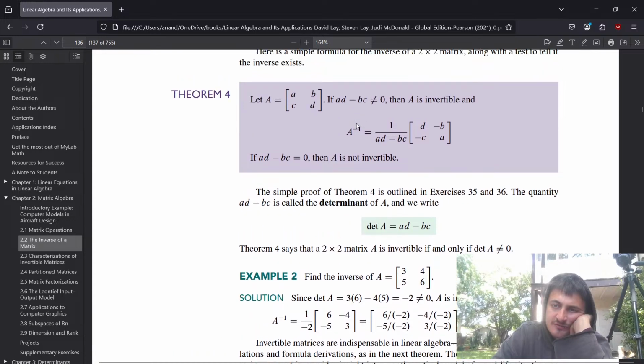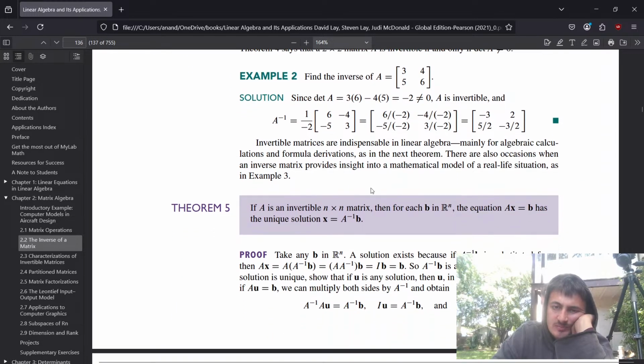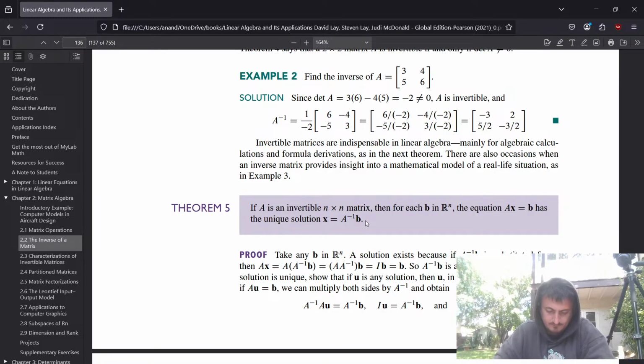Okay, the definition of determinant and the formula for the inverse. An example. Okay, the proof.